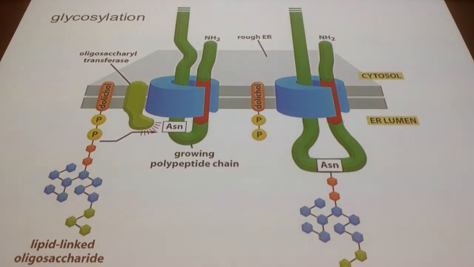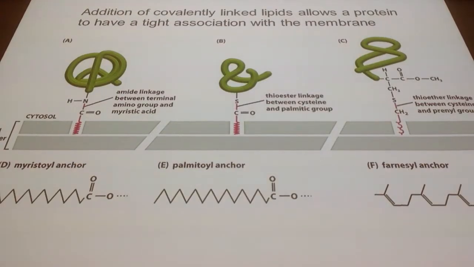And one of the functions, in addition to signaling, but a huge function, is to keep your cells hydrated. So that's the reason why you will never see carbohydrates sticking into the cytosol. Okay? Another type of covalent modification is the addition of lipid residues.